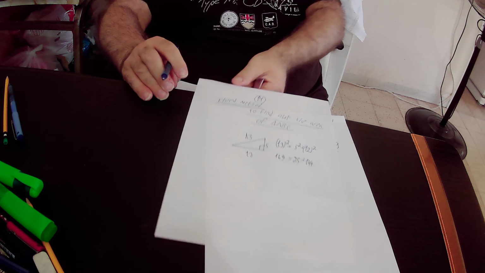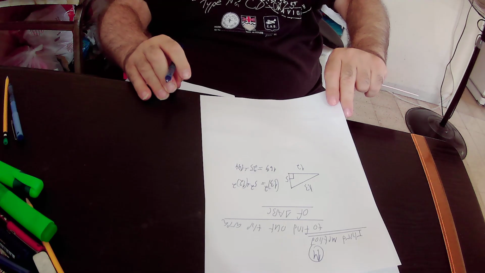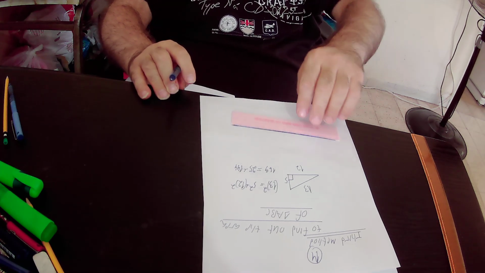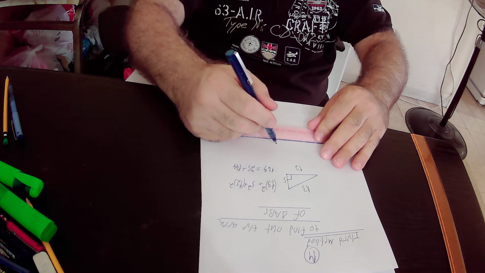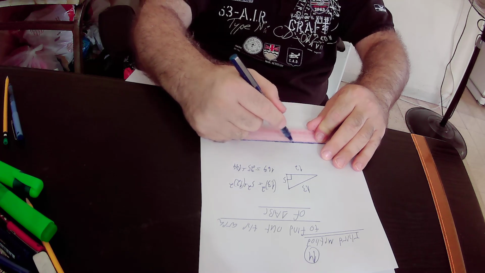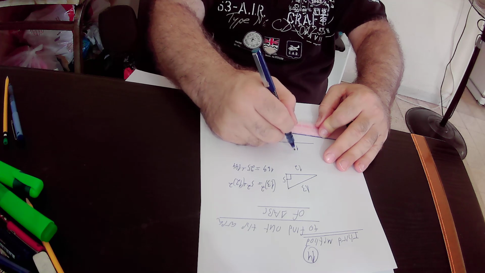And then we will create the second half of triangle ABC, or the second right triangle. This side is 12.